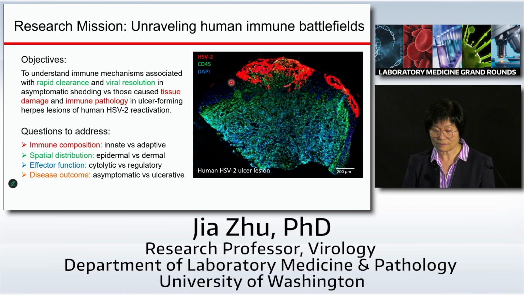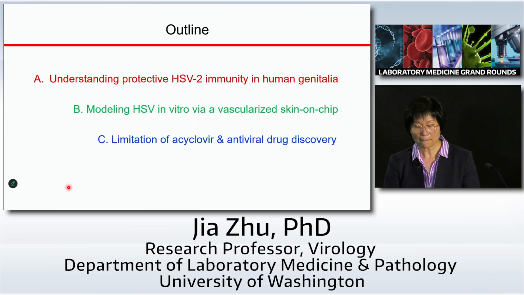In this standoff between the virus and the massive infiltrating immune cells, we want to understand whether differences in immune composition, spatial distribution, and effector function can lead to distinct disease outcomes, whether asymptomatic or forming herpes lesions. First, I will summarize our published work on T-cell mediated protective immunity during human HSV2 infection.